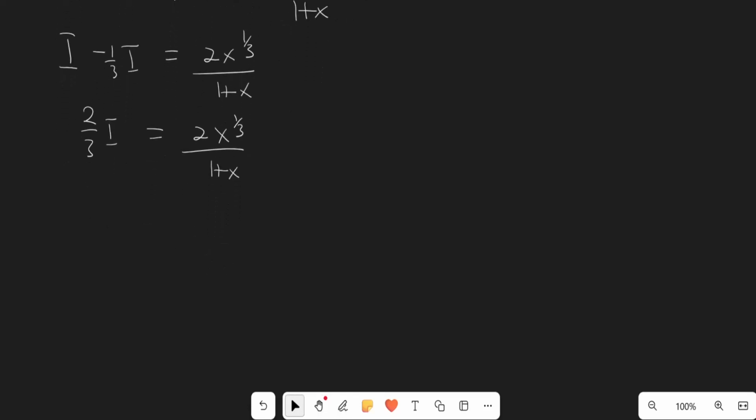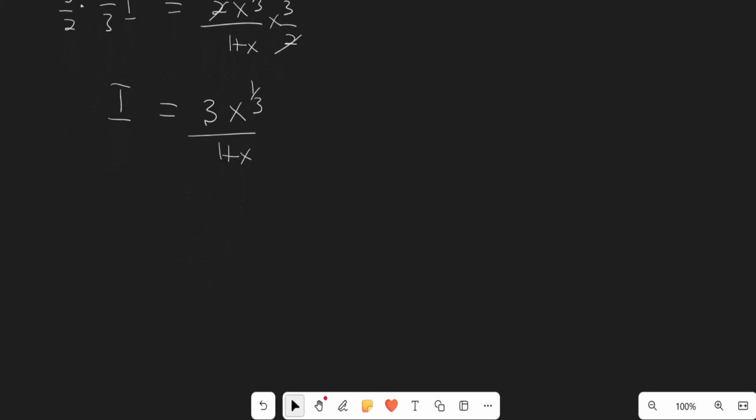We can isolate I by multiplying both sides by 3/2, which gives I equal to 3x to the power 1/3 over 1 plus x. So this is the value of our integral.